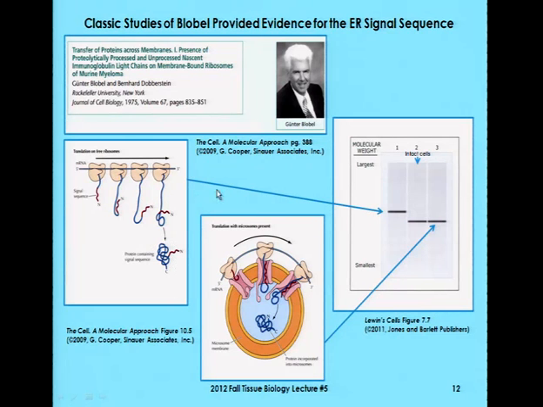When these proteins were analyzed on gels, they had a higher molecular weight because of the additional signal sequence. But when proteins were synthesized on microsomes that contained enzymes that cleaved off the signal peptide, when these proteins were analyzed on gels, they had a lower molecular weight. That was also seen in intact cells. This led to the discovery of the signal sequence.